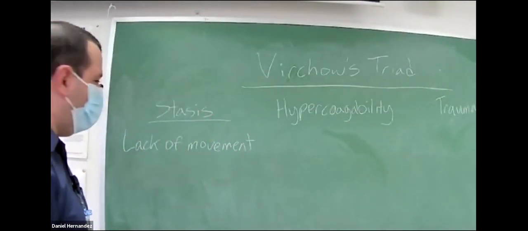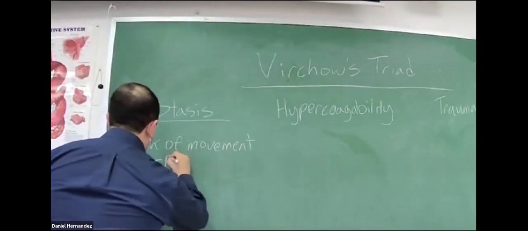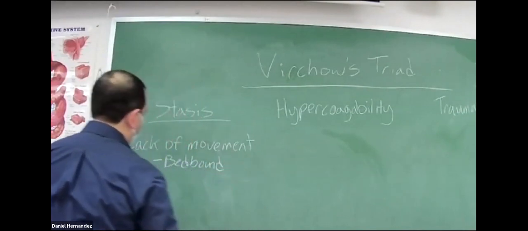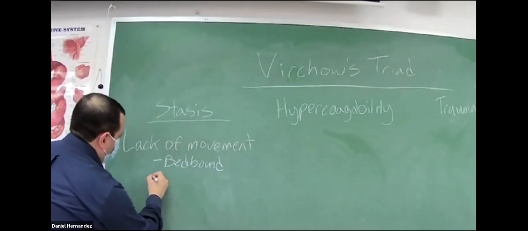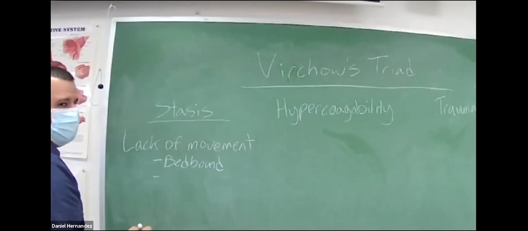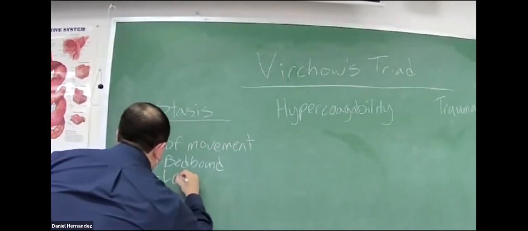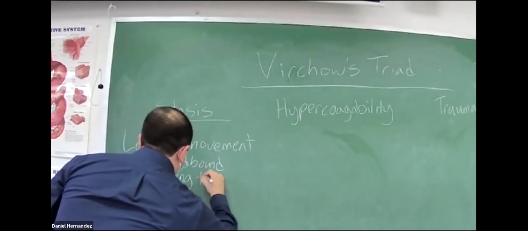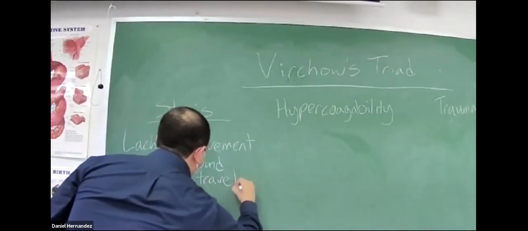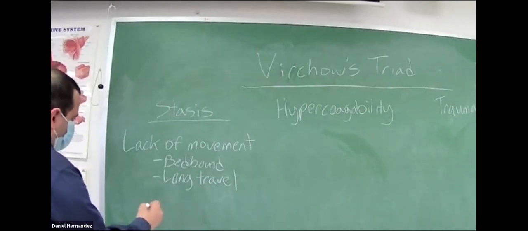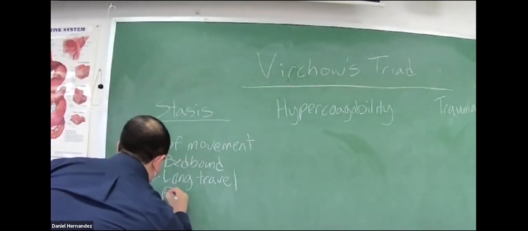When we think of lack of movement, those are patients that are bedbound. Those are also people that could have had long periods of travel, like if you get on a plane for a long period of time or take a long car ride. Those are things that could cause lack of movement. Paralysis, say you can't even move your leg.